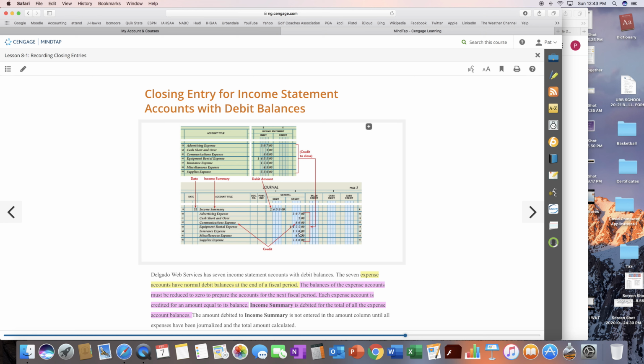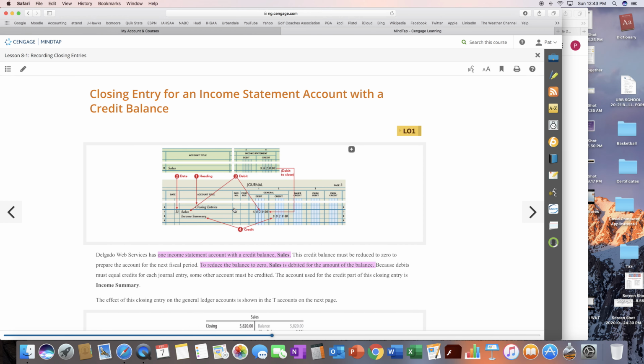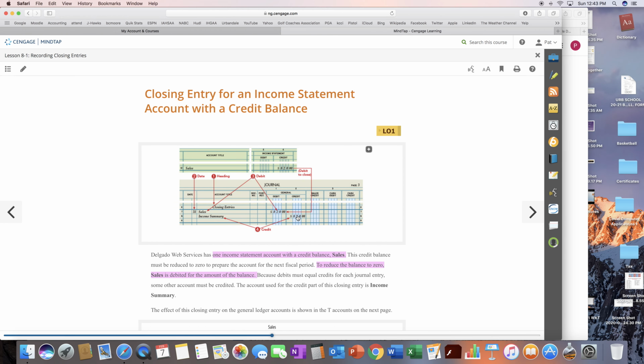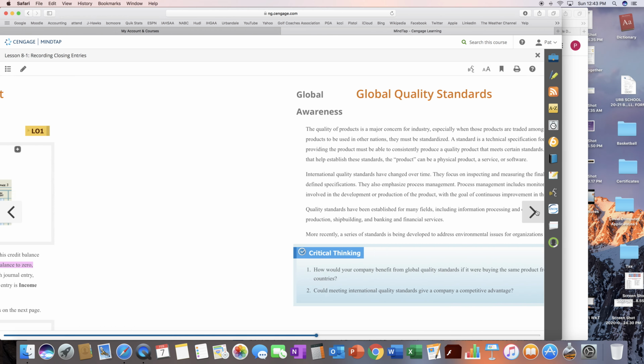You add them all up and you put the total into income summary. So we put sales into income summary as our first one, and then the second closing entry is to close all the debits or expenses, and we put the total of all of these into income summary.